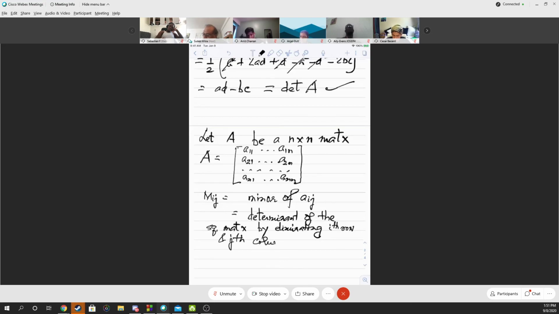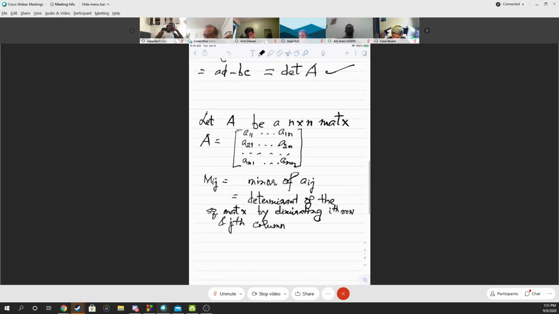I'm going to explain this on the basis of a 3 by 3 matrix, you will see. And Cij will be minus 1 to the power i plus j times Mij. That's called the cofactor.